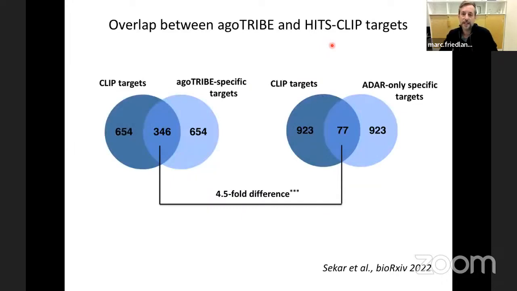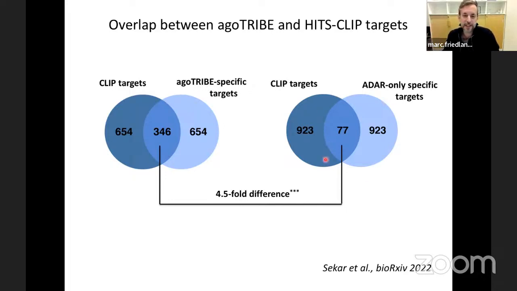So again, we worried that maybe the reason we see this overlap between the CLIP methods and agoTRIBE is that both methods have the same kind of biases towards, say, highly expressed messenger RNAs. So to correct for this, we compared the overlap of HITS-CLIP targets with, on one hand, our agoTRIBE specific targets, and on the other hand, the ADA-only specific targets. So these are the ones from our controls that you remember.